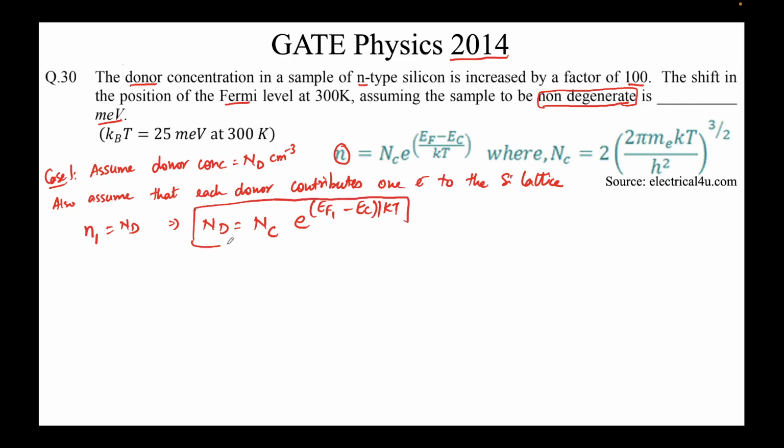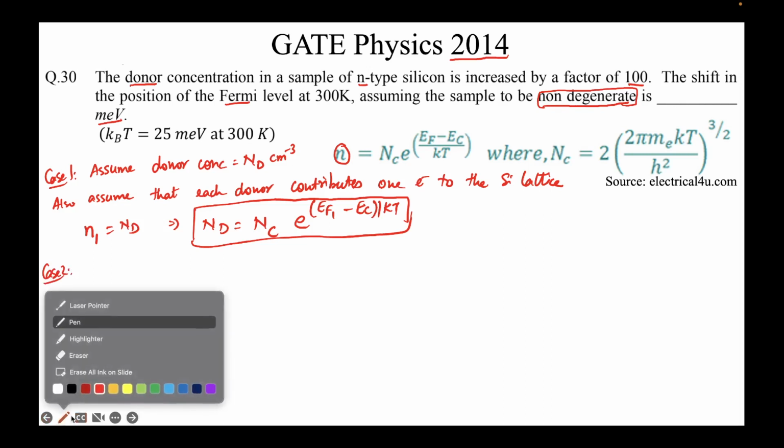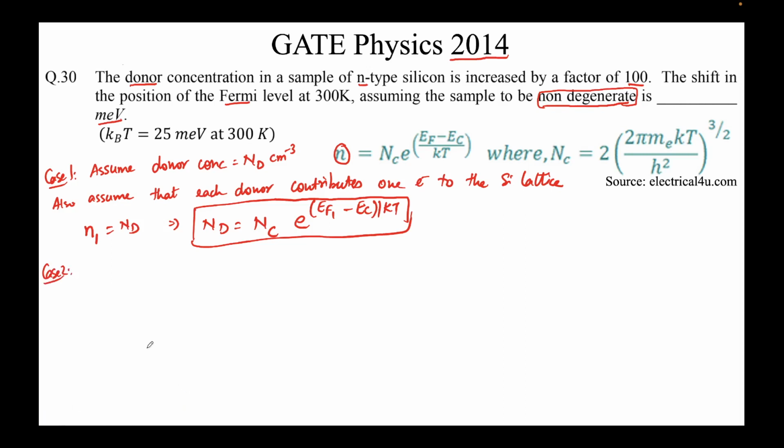Okay. Now for case 2. In case 2, since the donor concentration is increased by a factor of 100, the donor concentration will now be equal to 100 times Nd per centimeter cube.